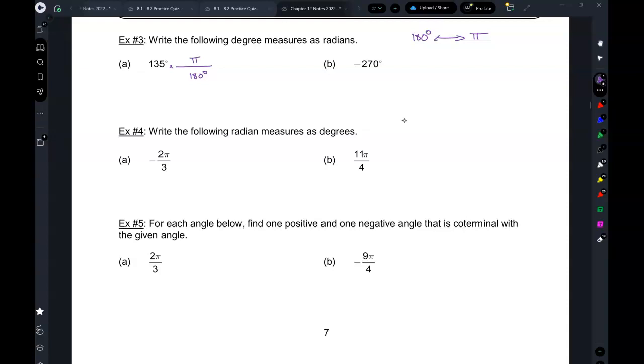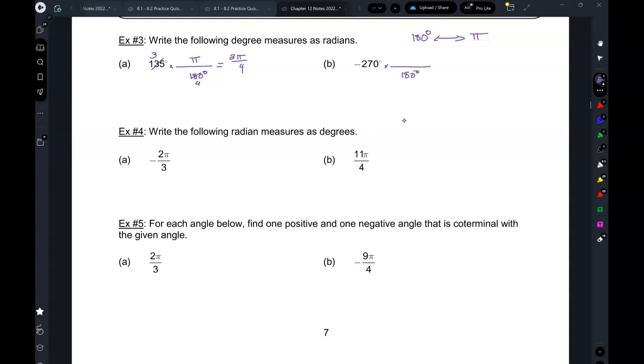It's like stoichiometry, because stoichiometry is just unit conversion. Instead of grams per mole, you just do degrees over radians. Now you can divide both of these by 45, so you get 4 and 3. 3 pi over 4.